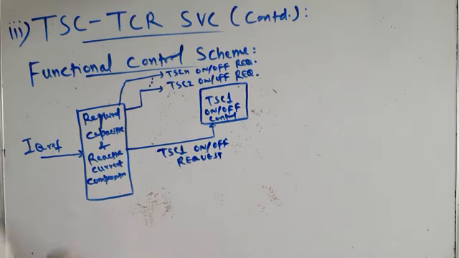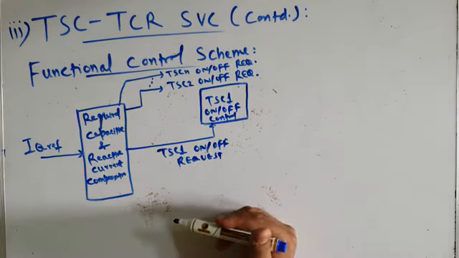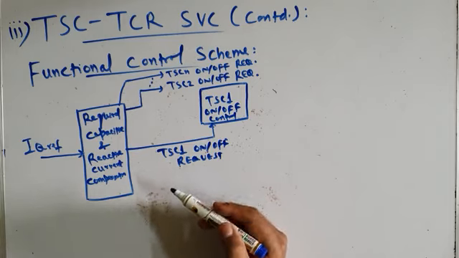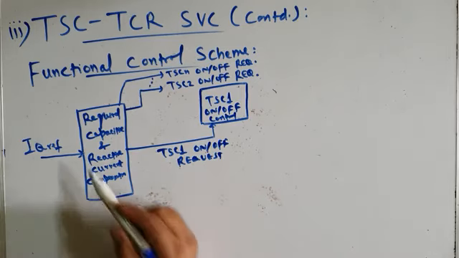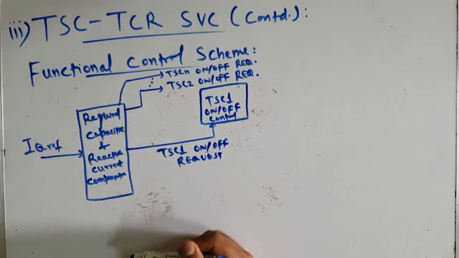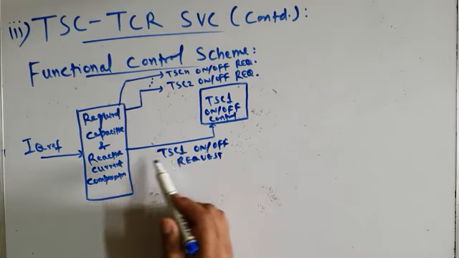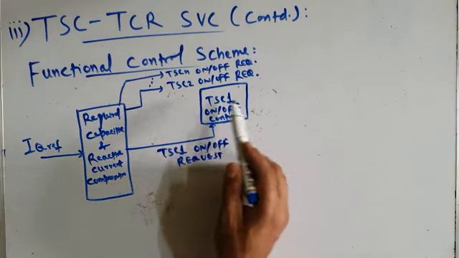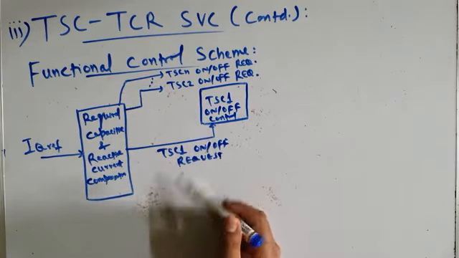Now this reference reactive current may be capacitive current or it may be inductive current. If reactive power is to be generated and injected into the transmission system, then it will be capacitive current, and this block will decide how many TSC branches have to be turned on, and accordingly it will send a request to the TSC on-off control blocks.